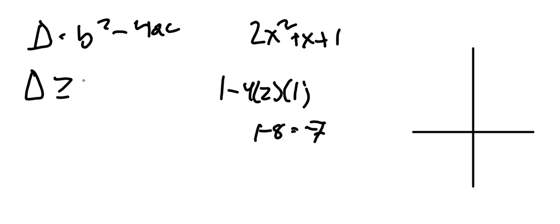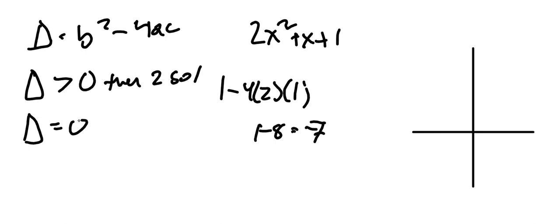If it's greater than 0, then there are two solutions. If the discriminant is equal to 0, then there's one solution. And if the discriminant is less than 0, then there are no real solutions.